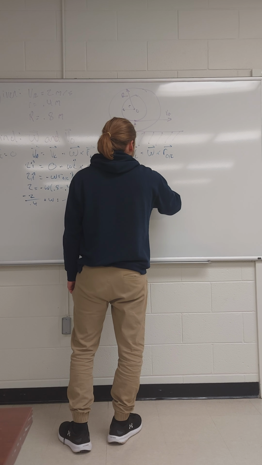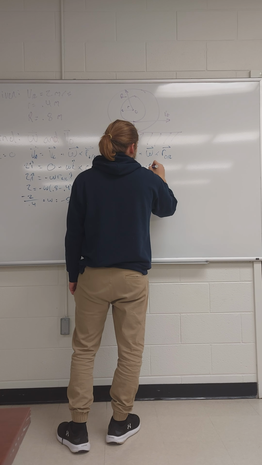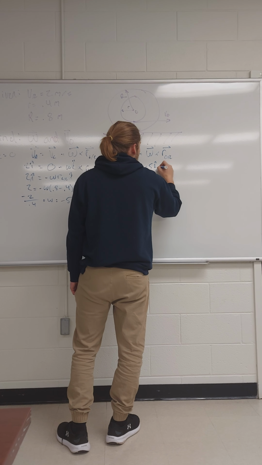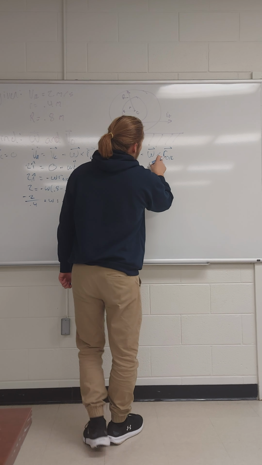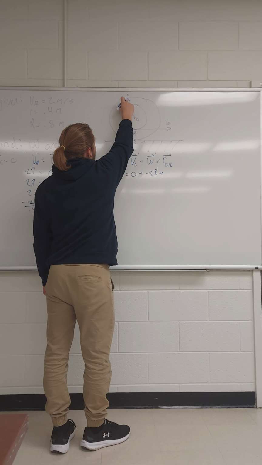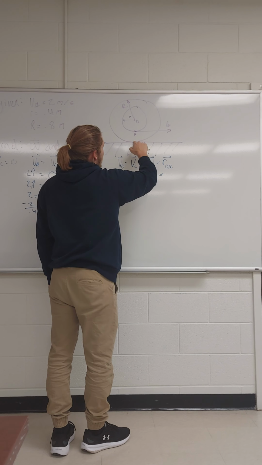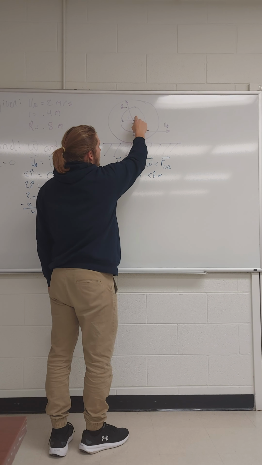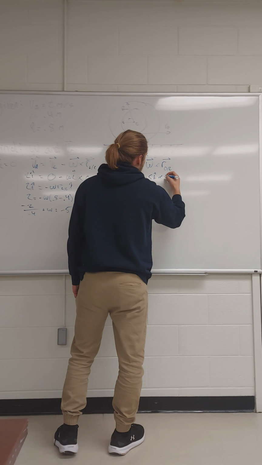So it's negative 5K cross ROC, which is just big R, the outer radius, and it's from C to O, so it's in the positive J direction.